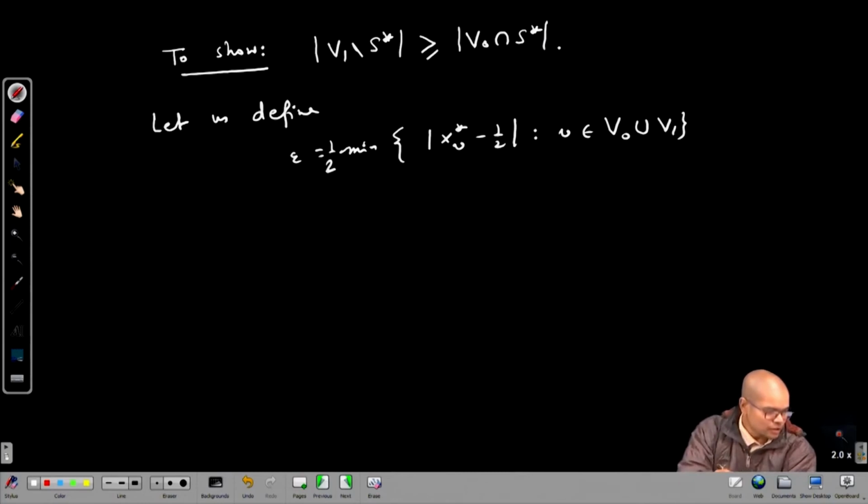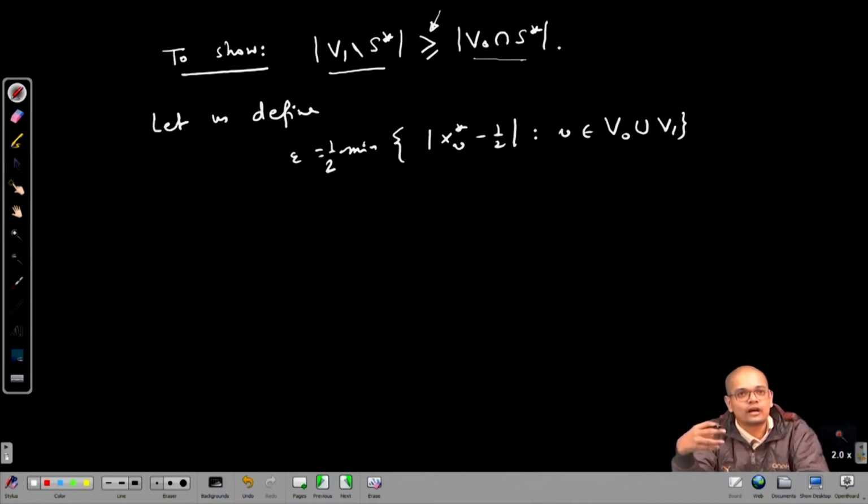For this, we now decrease the fractional values from here and increase the fractional values from there. We will construct another solution and we will show that if this inequality does not hold, then we have a solution of value less than the solution for A star, so which is less than LP opt.